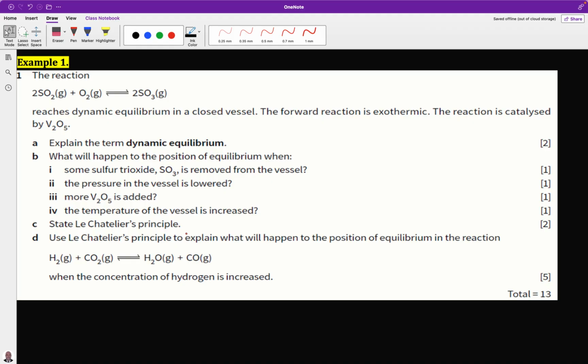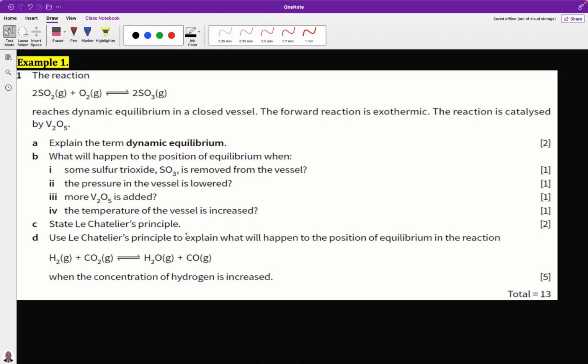It reaches dynamic equilibrium in a closed vessel. The forward reaction is exothermic. The reaction is catalyzed by vanadium(V) oxide, that is vanadium pentoxide. A. Explain the term dynamic equilibrium.